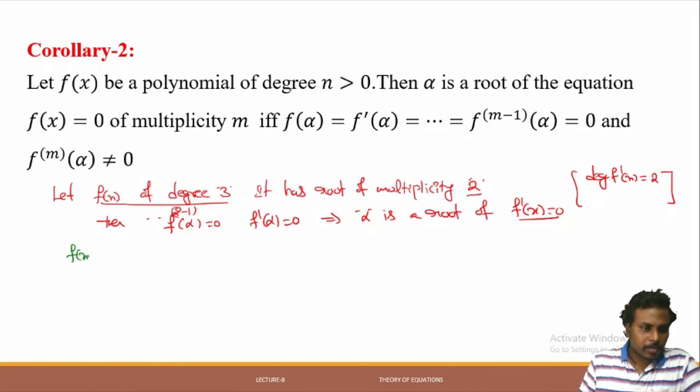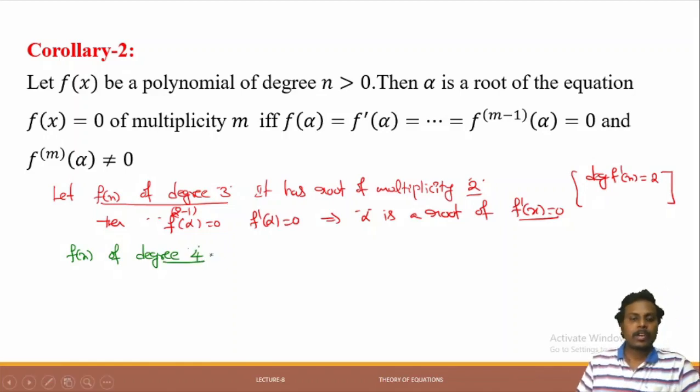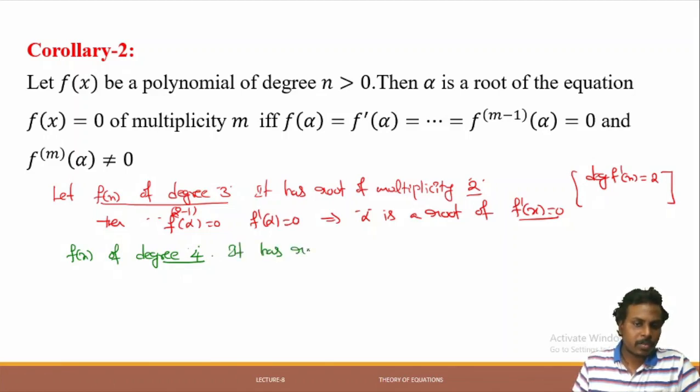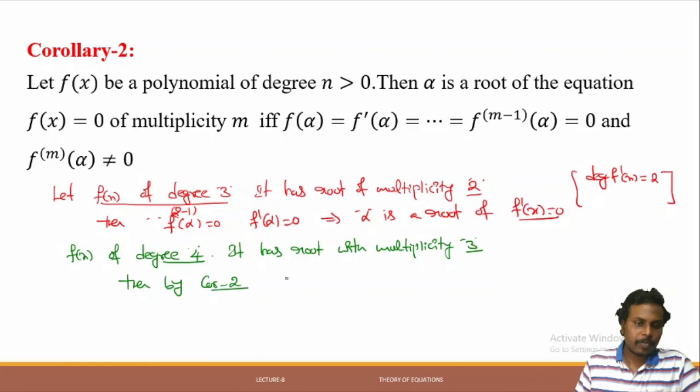So f of x is a polynomial of degree 4, let us say. That means we increase the complication, and it has a root with multiplicity 3. So then by the above result, by corollary 2, we get the double derivative of f at alpha is equal to 0.